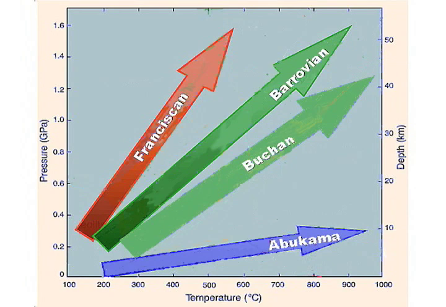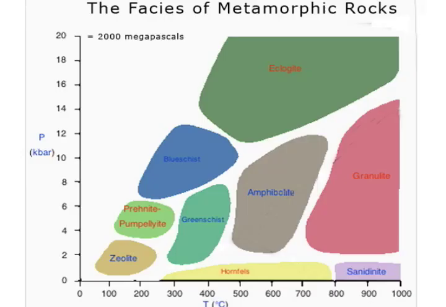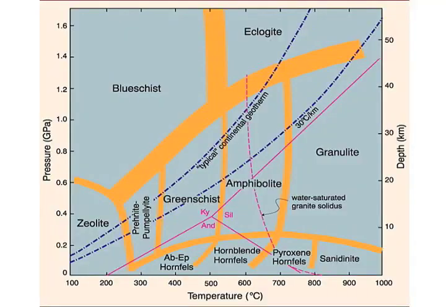The 9 named stages or facies of metamorphism that together make up the suites are listed in this table. And on this chart, the colored blobs represent their temperature and pressure relationships. This second chart has similar limits to the facies, but includes orange separators that indicate the range of overlap between them.